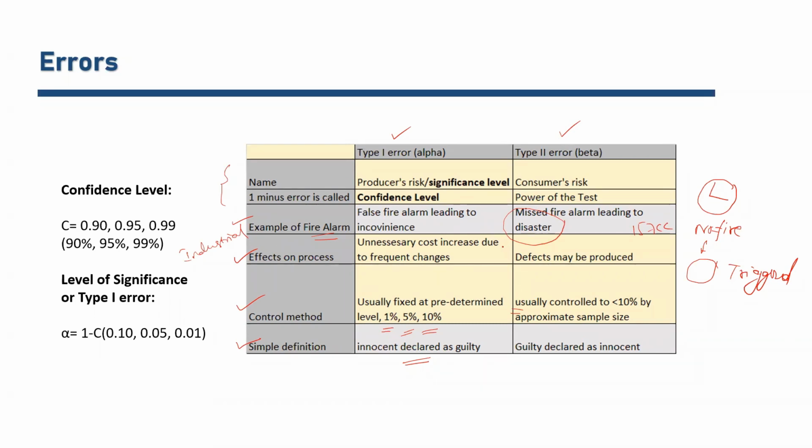Say something is being produced in the manufacturing unit, and the consumer bought from that particular company, he might be at risk because he might get many defects, right? If he's not checking a huge sample size, if he is only checking one or two, and based on that is passing judgment that the production is good, you can send this over to me, right?